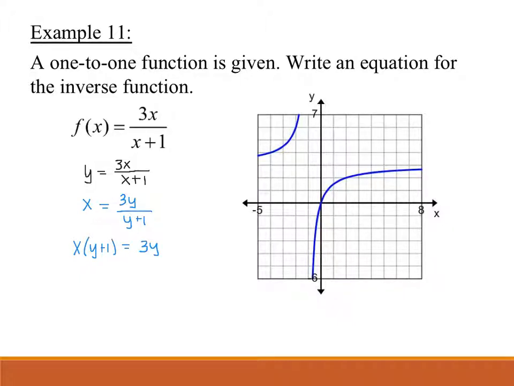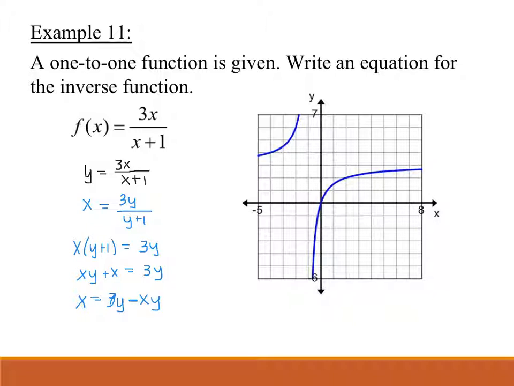Now we're going to distribute the x. We get xy plus x equals 3y. Now we're going to get the y's together. So we're going to let this be x, and we're going to bring the xy over, and we get x equals 3y minus xy, right?